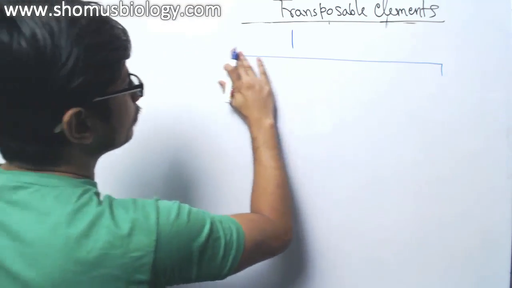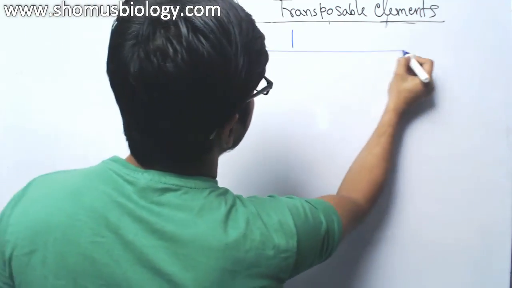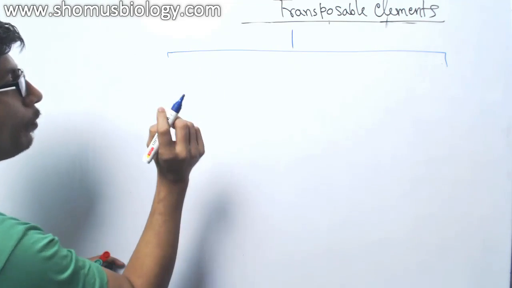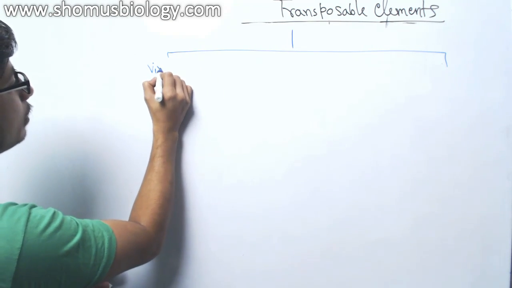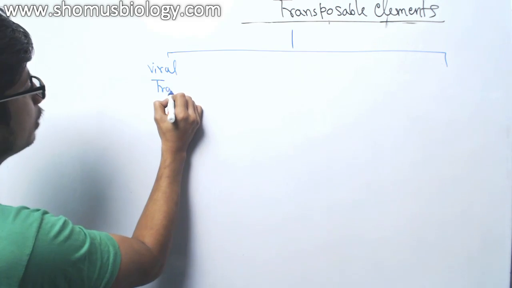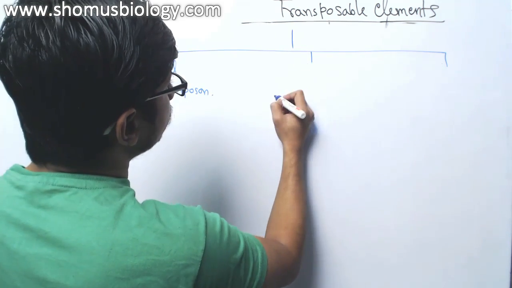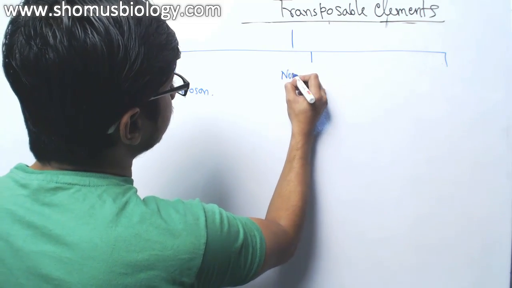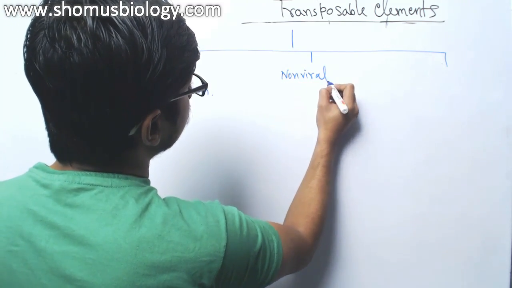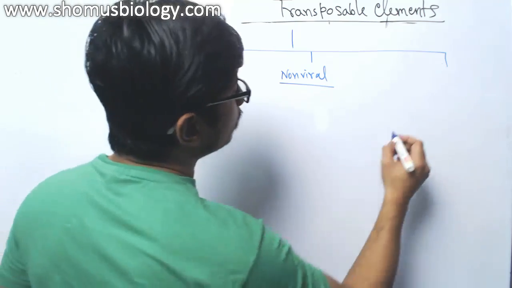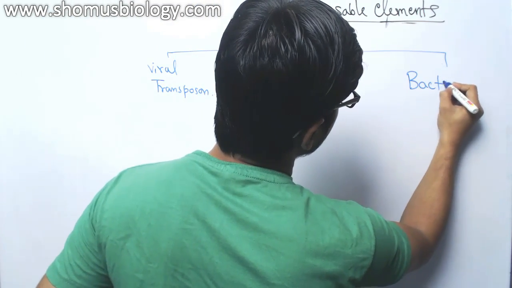So let's draw it. Three different groups we have. One type of group we have is the viral transposon group. The second type is the non-viral transposon group, and the third one is bacterial.